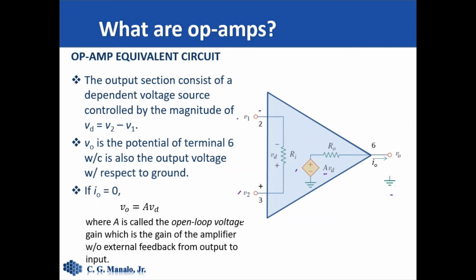At no load, I sub naught is equal to 0, while V naught is equal to the voltage of the dependent voltage source, where A is what we call the open loop voltage gain.